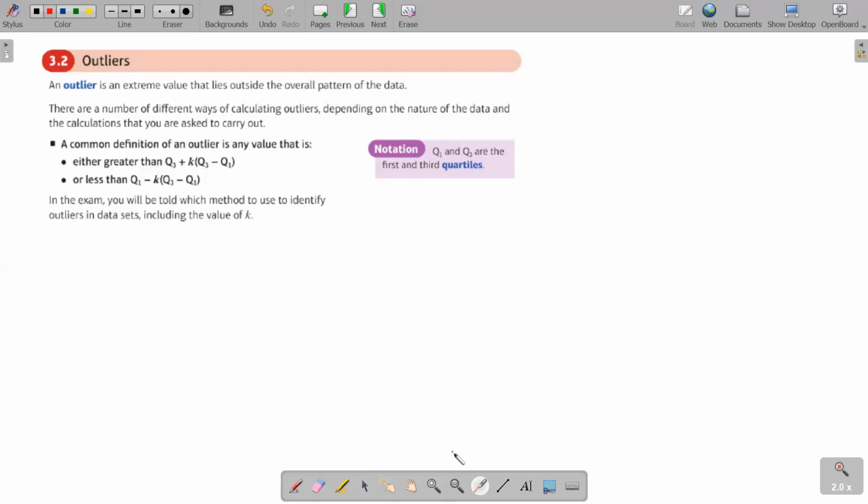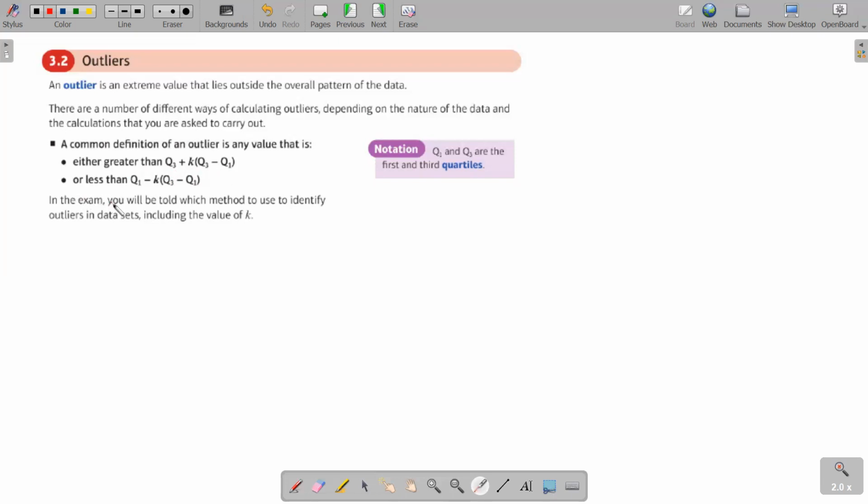A common definition of an outlier is any value that is either greater than Q3 plus K times (Q3 minus Q1).